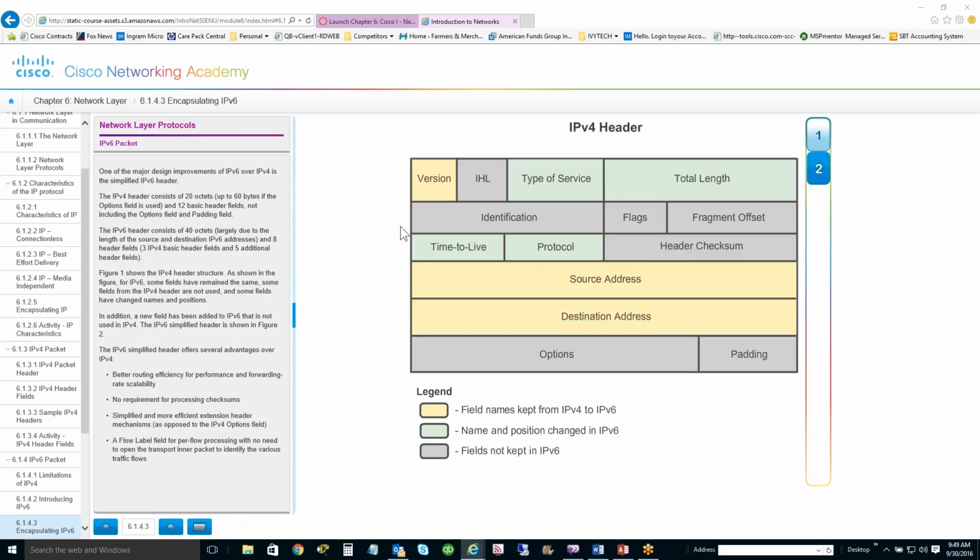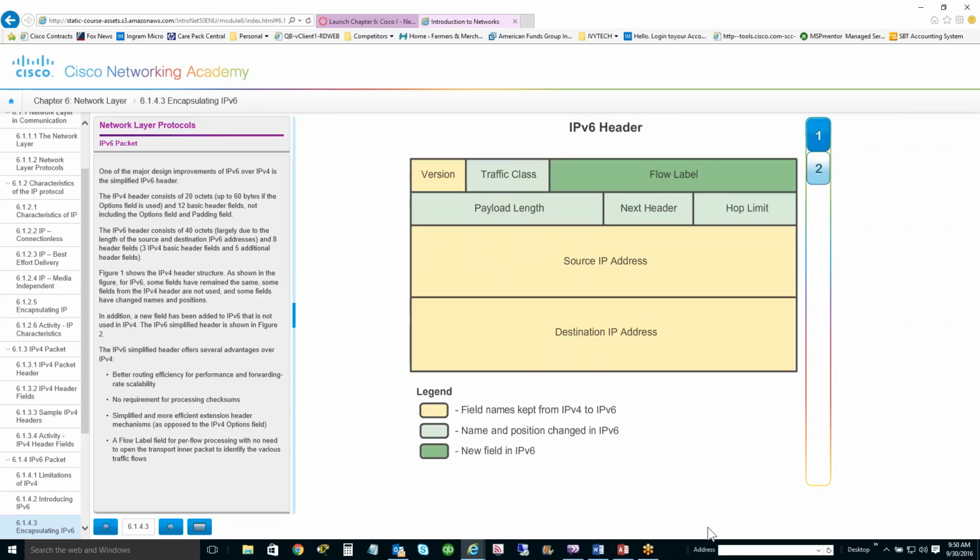So in 6143, this is a good screen to study. It shows you the IP version 4 header field definition, as we've talked about, and then it isolates what's changed in IPv6.